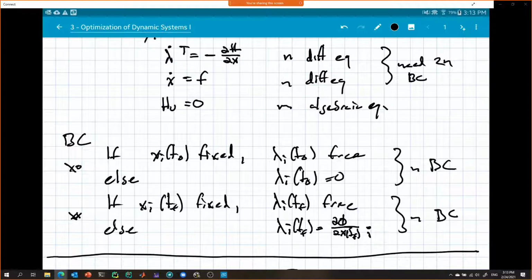If I say that the state is fixed on the initial time, and states are fixed on the final time, then even before adding the co-states in, we have a 2-point boundary value problem.